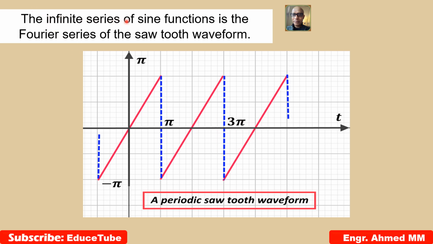That is why I've written here: infinite series of sine functions is the Fourier series of the sawtooth waveform. It's a very important point, because in the next slide we'll do one example, and in that example our waveform should be like this one.